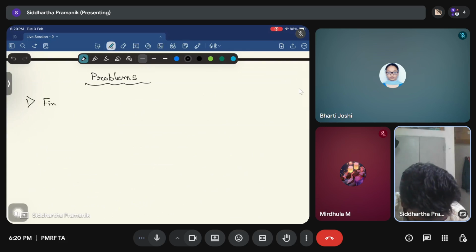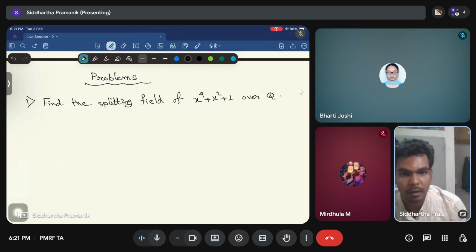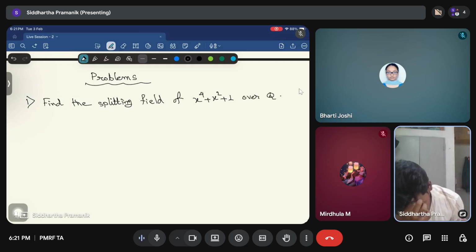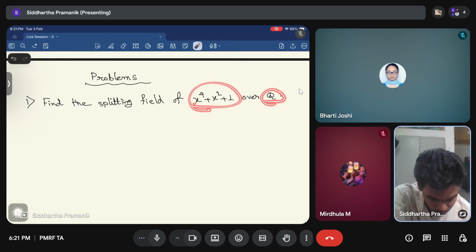Find the splitting field of the polynomial x^4 + x^2 + 1, where the base field is Q, the field of rational numbers. How to find the splitting field of this polynomial over Q?